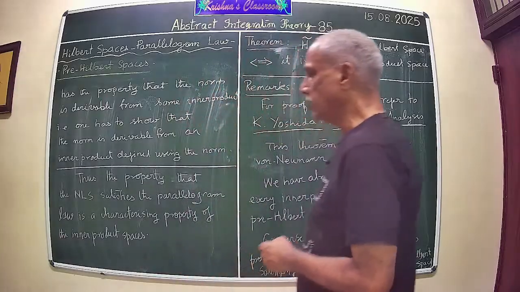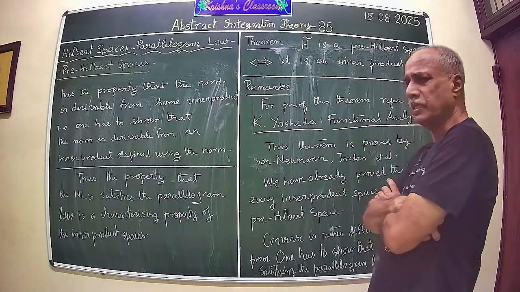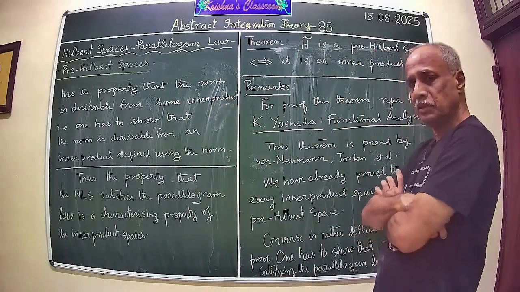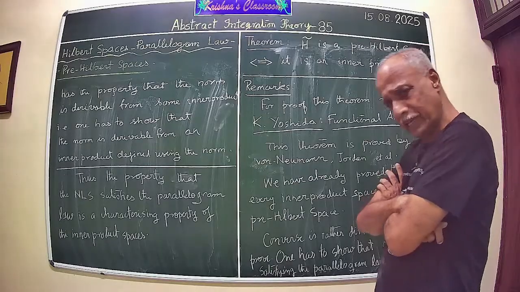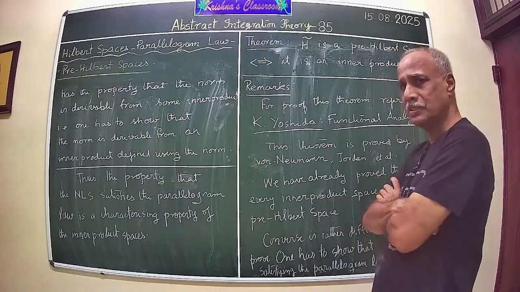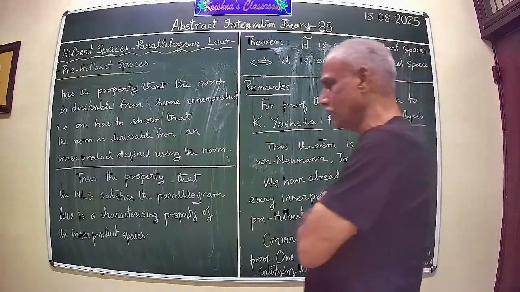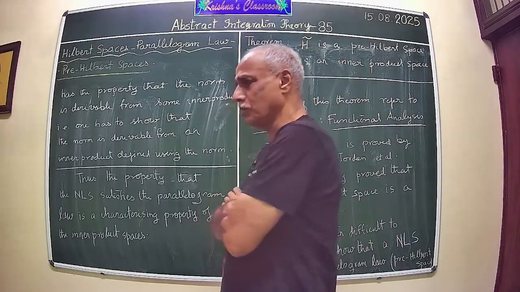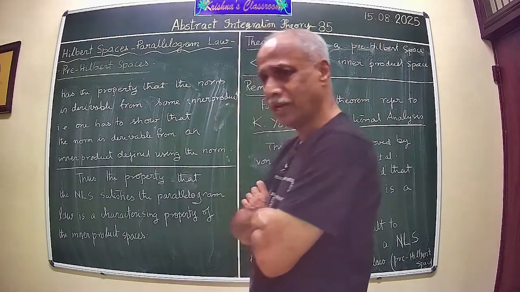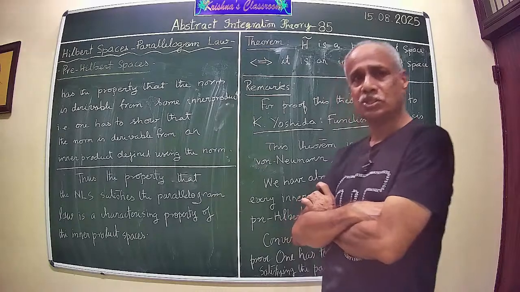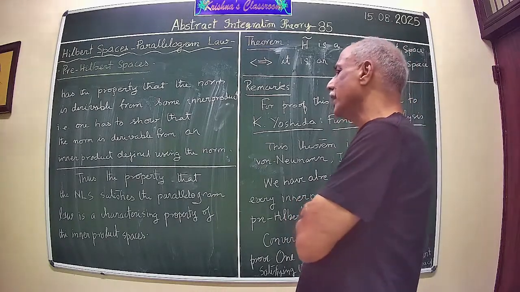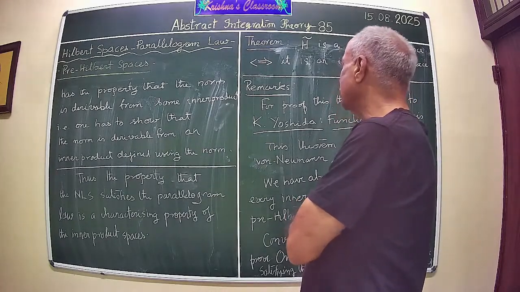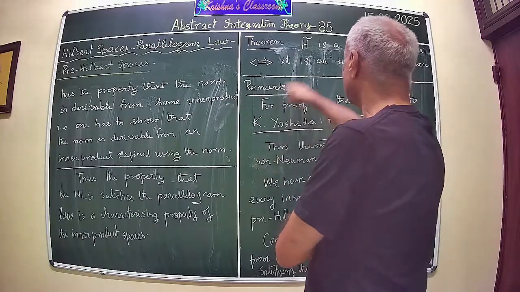So H tilde with an inner product is an inner product space. If H tilde is a normed linear space where the norm satisfies the parallelogram law, then you call it a pre-Hilbert space. So a pre-Hilbert space is an inner product space, and this gives the proof of this theorem.